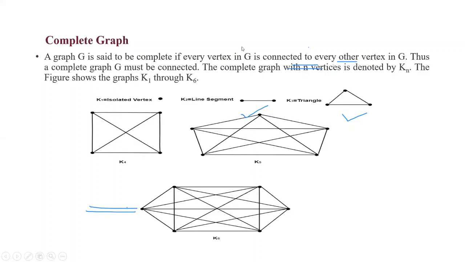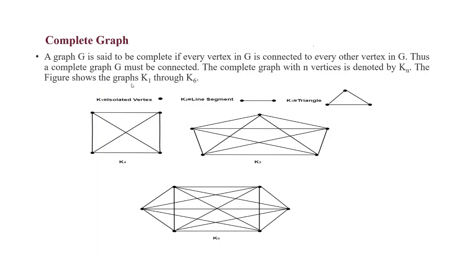Next, complete graph. So what is a complete graph? A graph G is said to be a complete graph if every vertex in G is connected to every other vertex in G. The complete graph must be connected, and the complete graph with n vertices is denoted by Kn, K to the base n.